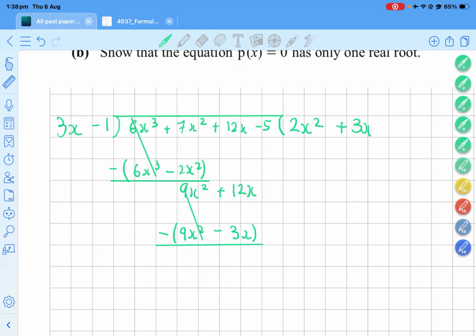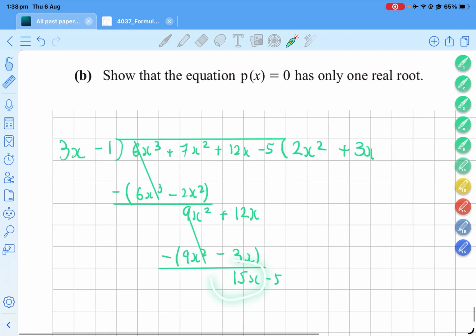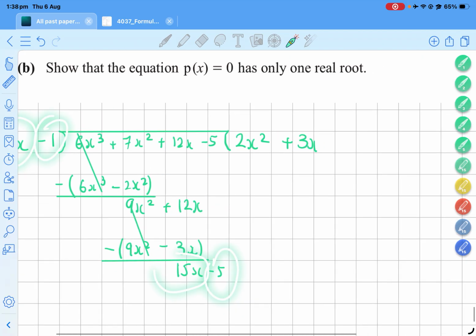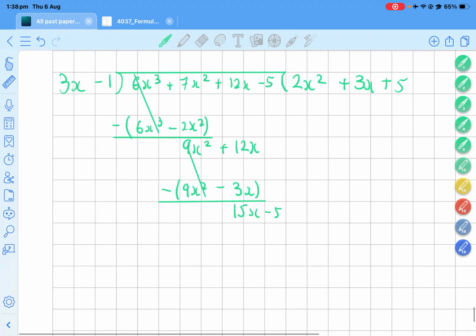Again cancel out, so 15x minus 5. And finally you can do the same thing, so you can see that 5 is a multiplier. So when you subtract this, you get 0.